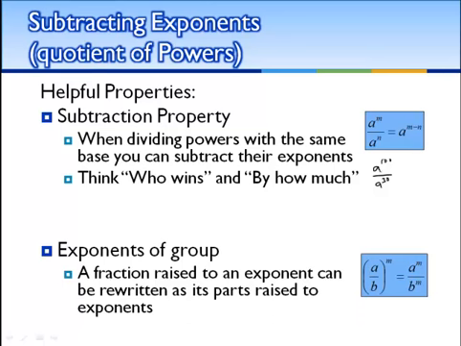I wouldn't want to draw out 100 a's on top and 30 a's on the bottom and start canceling them out and then have to count how many a's were left over. I can go straight to the answer by imagining the 100 on top and the 30 on the bottom. 30 of them can cancel out, which leaves 70 on top.